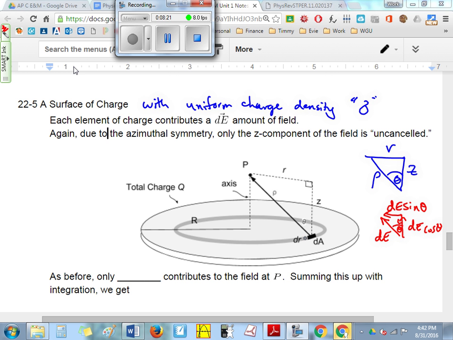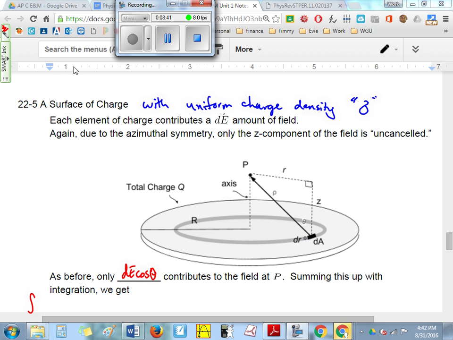Whether you draw the small red one or the larger blue one, it doesn't matter. It's the same theta, so they're similar triangles anyway. And so we only care about the vertical component. We're going to look at dE cos theta throughout the problem. And if we're going to sum them up, we're going to integrate. So we're going to do dE cos theta under an integral.